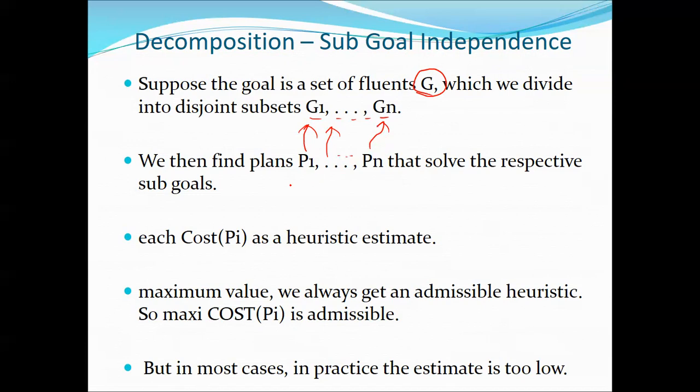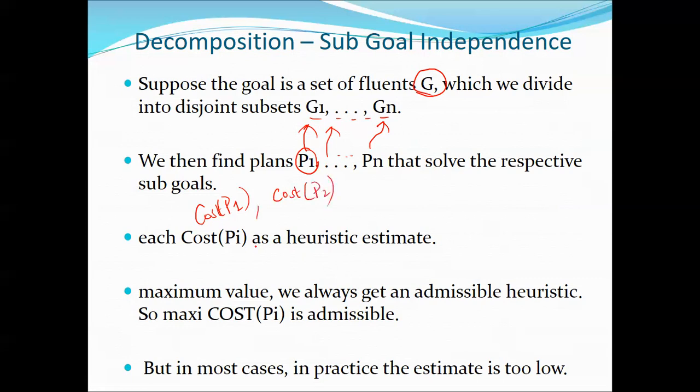Let us assume the cost of reaching the goal g1 by solving P1 is represented as cost of P1. Similarly, the cost of achieving the goal g2 by solving the problem P2 is represented as cost of P2.